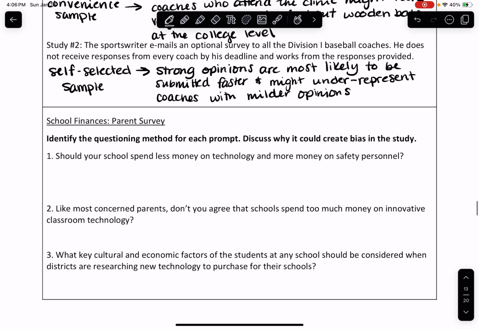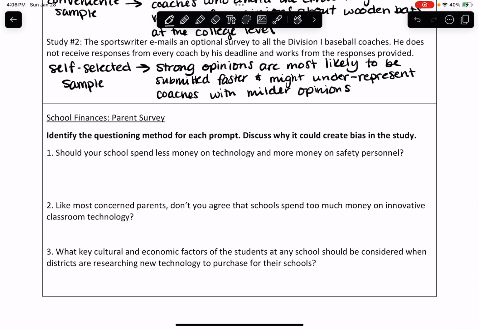So for the second example, where we're identifying the questioning method and discussing why it could create bias, we're looking at school finances in a parent survey. So one of the questions asked, should your school spend less money on technology and more money on safety personnel? This is a double-barreled question.